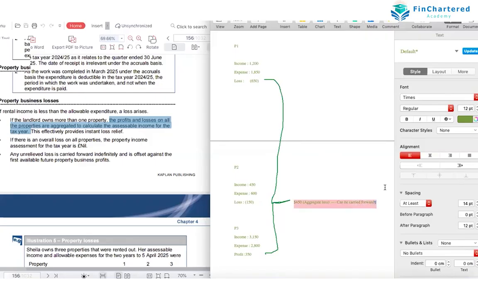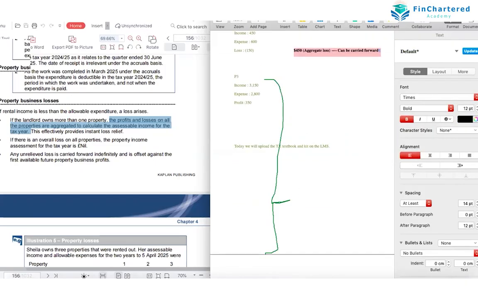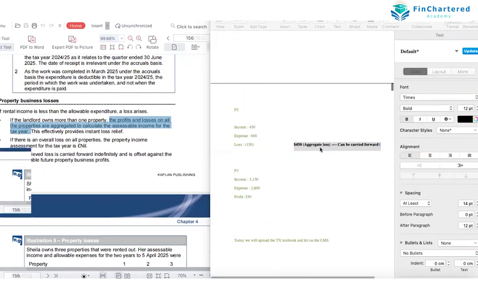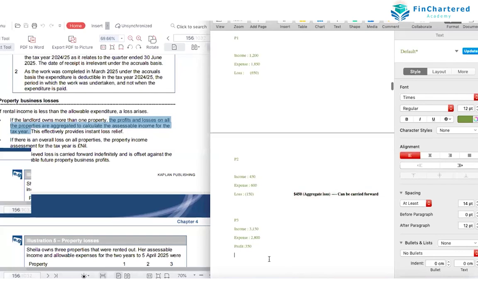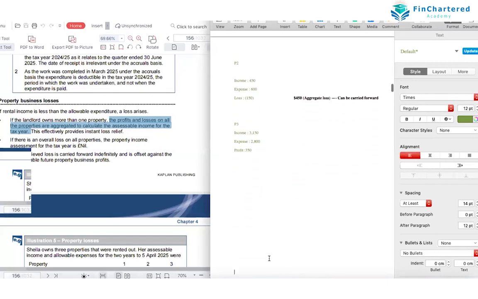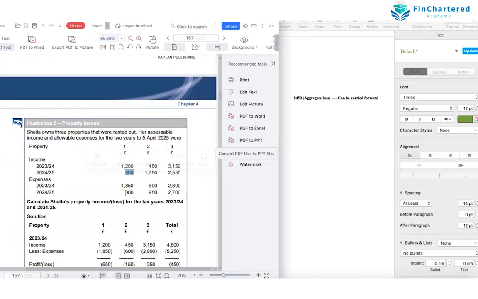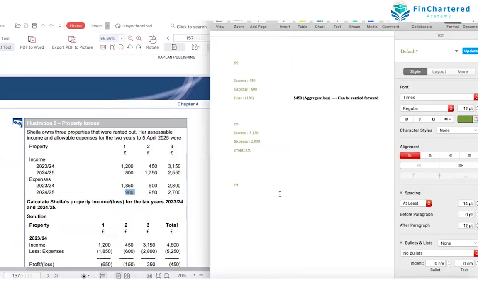Again, going back to illustration 5. I'm putting it in black because I have to remove this drawing. Again, P1, P2, P3, I'll do, but for the second year. P1 is how much? Second year, there's an income of 800 and there's an expense of 900.